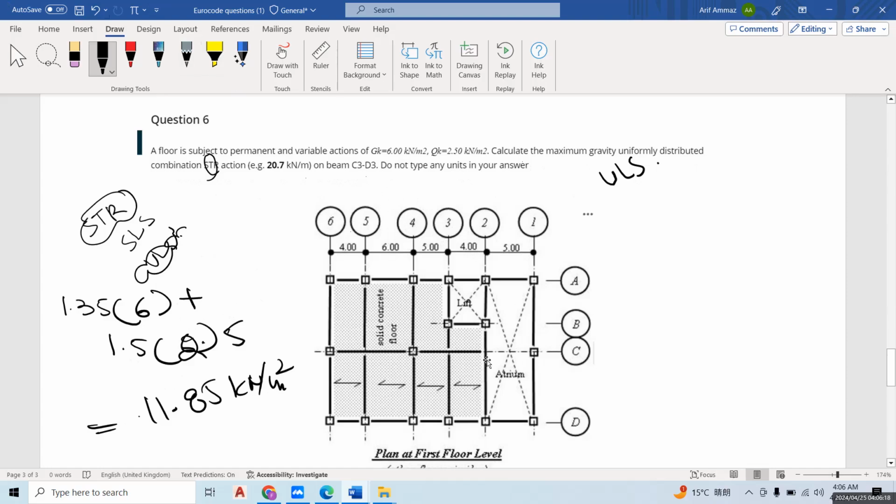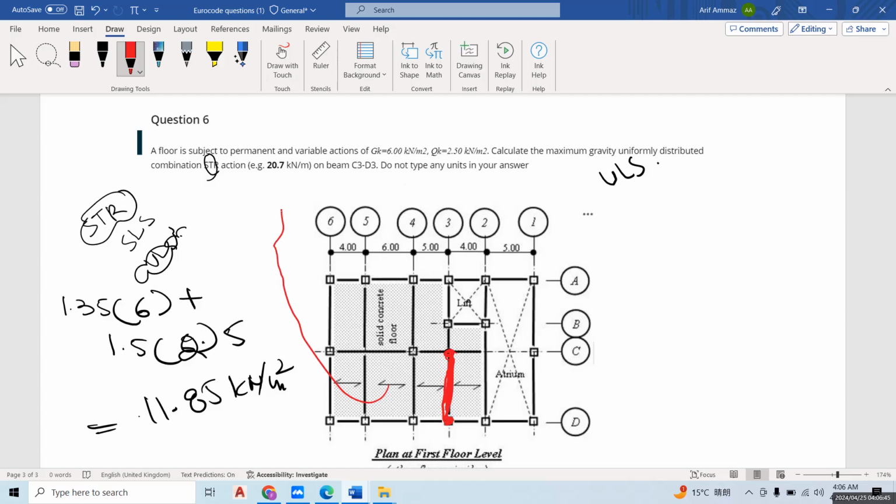This is C and this is D. Okay, so first the point is here. Let me change the color. This is the beam, and he said to find the load on this beam.